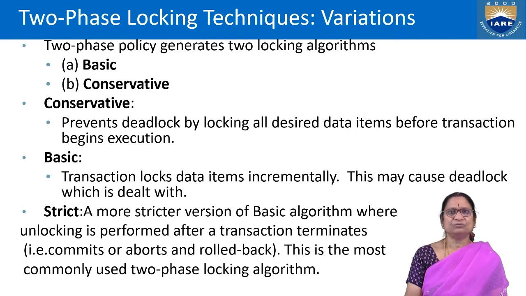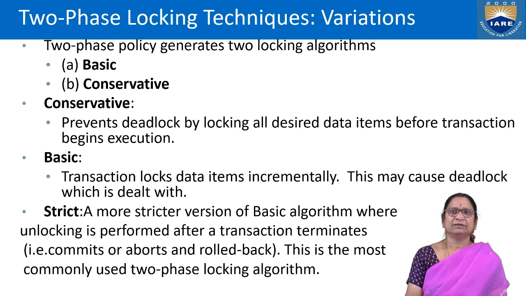Another version of the two-phase locking protocol is the strict two-phase locking protocol. This is more generally used in most software. In this version, unlocking is performed only after a transaction terminates, that is, after the commit statement is executed, or after it is aborted or rolled back.